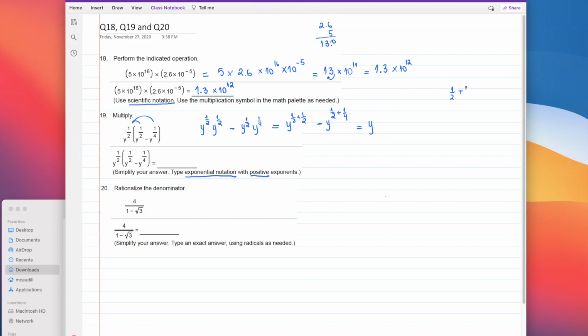You can go ahead and use decimals here, but we want to represent it as a fraction, not as a decimal. To get the equivalent with denominator 4 for this one, multiply 2 on both numerator and denominator. So this is 2/4 plus 1/4, that is 3/4. And then minus y to the 3/4.